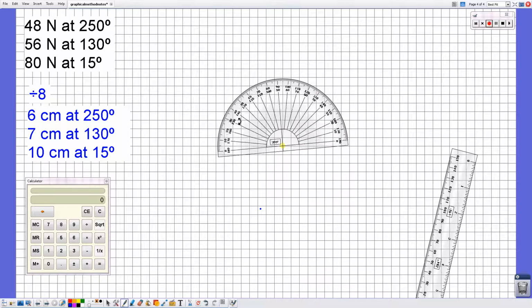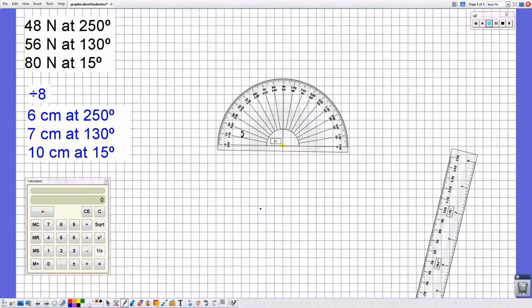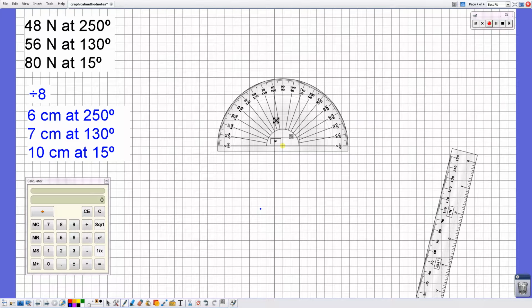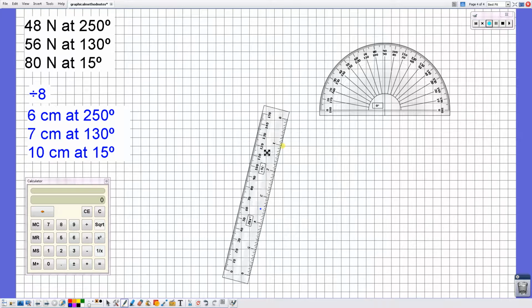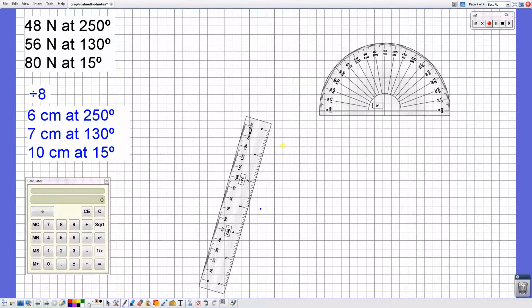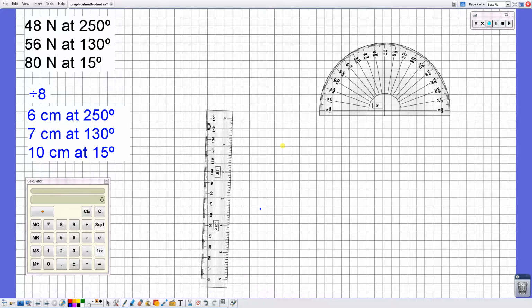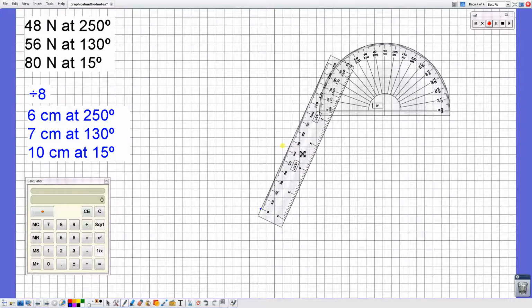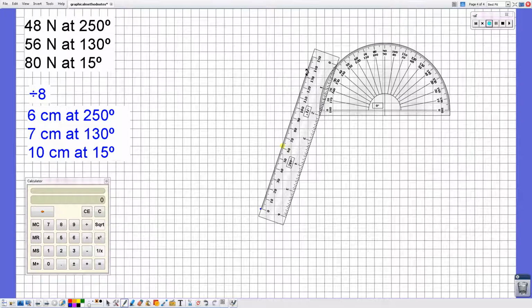Alright, I'm going to fix my protractor now. Alright, and now let's see, I want 6 centimeters.